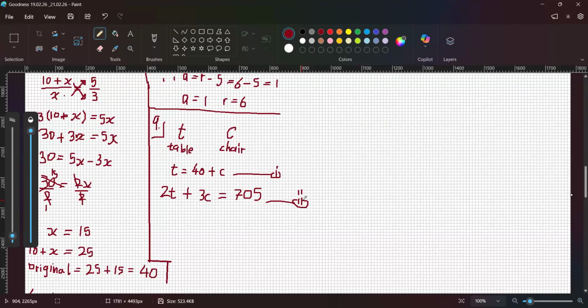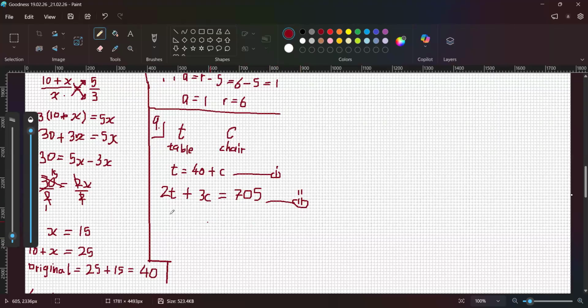Anywhere I see 40 plus C, I should replace it with C, and I will do it gladly, because there's an equals to between them. Equals to simply means equivalent, the way they have equal weight mathematically, as per that question. But right now, it favors us to replace T with 40 plus C.